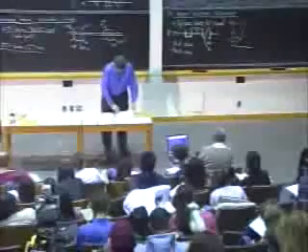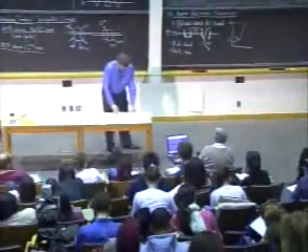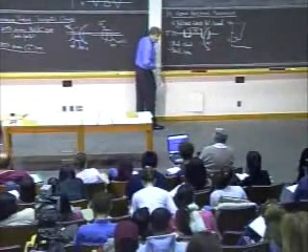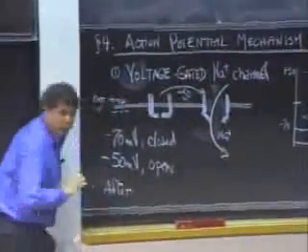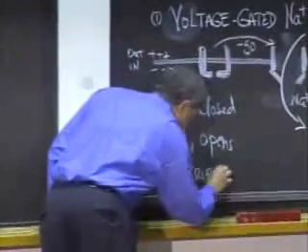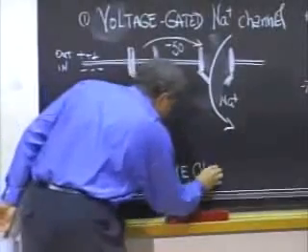But that's not the end of the story, because there are also two other interesting functions. One, after a very brief time interval, this channel also has the property that it closes.